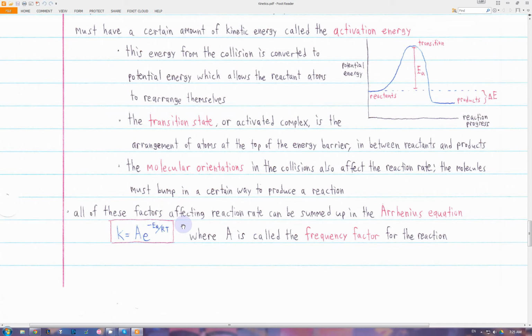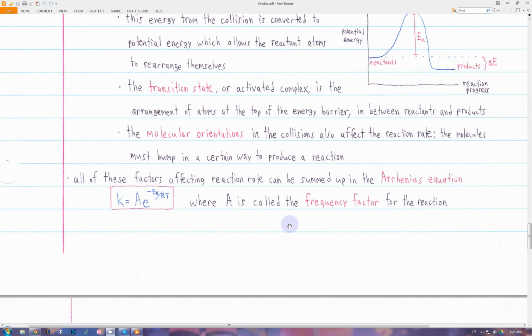If you use 8.314, then the activation energy in this equation is also in joules. The frequency factor is a constant different for each particular reaction, which basically sums up all these factors, including the molecular orientations.